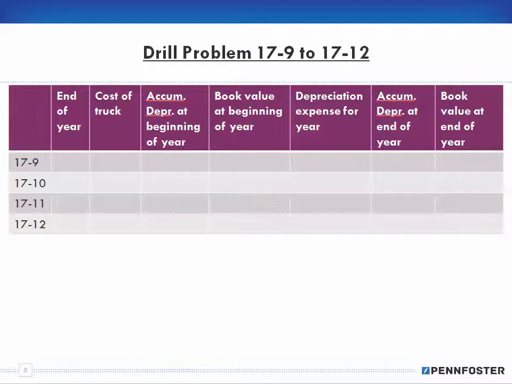I have end of year 1, 2, 3, 4. Even though it's 5 years in useful life, we go through 4 years, and you'll see why. The cost of the truck was $25,000, so that's going to stay the same for each year.